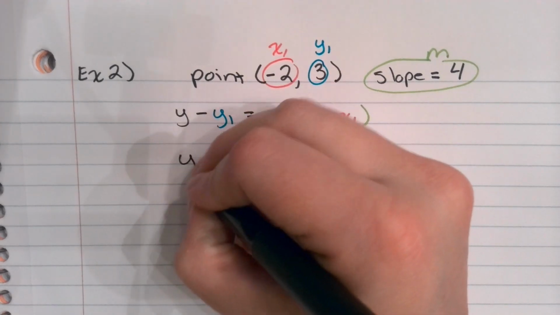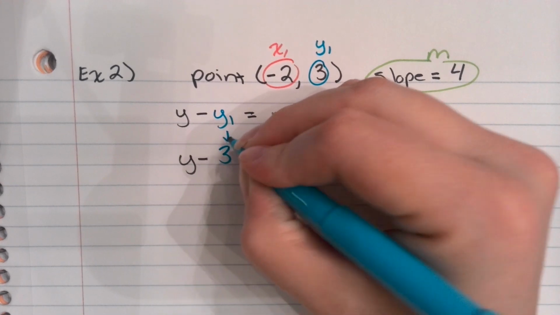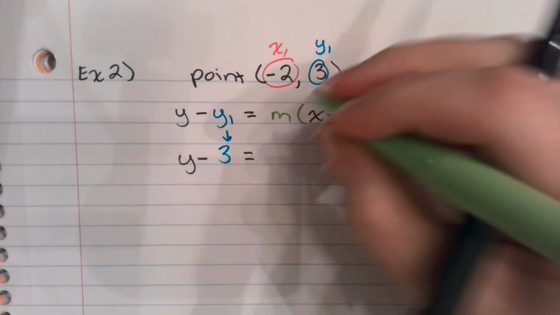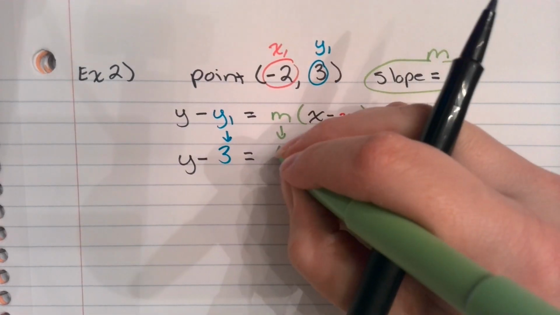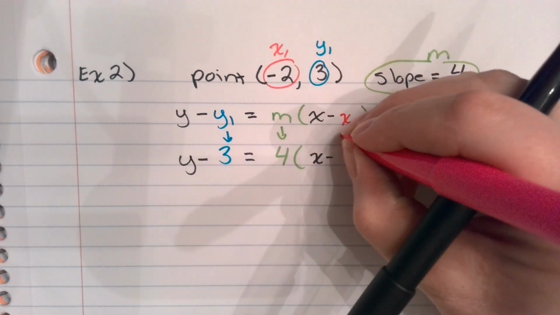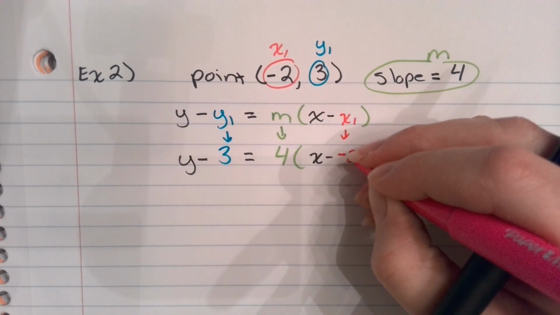So we now get y minus a 3 is equal to 4 times the quantity of x minus a -2. Remember that x1 is a -2, so we have minus a -2.